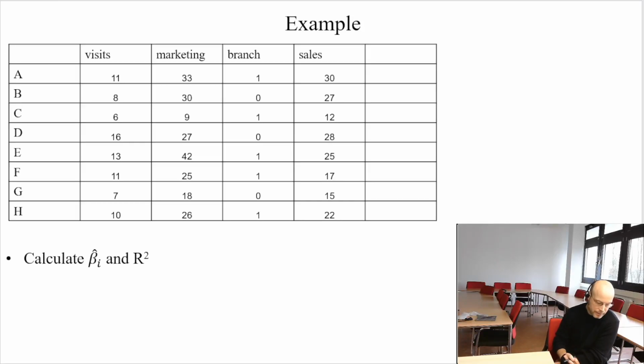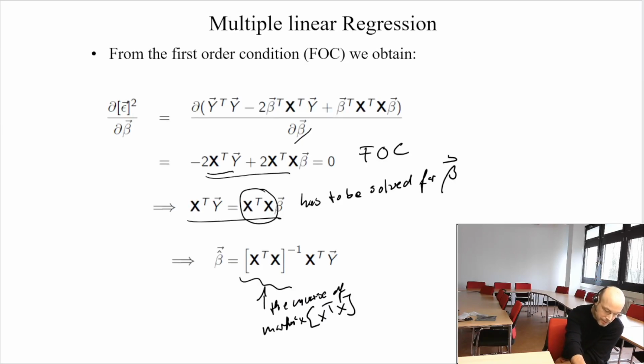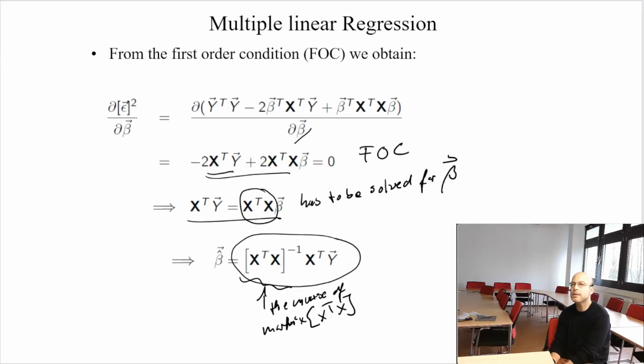Well, then let's take this example here, and this is then a homework for you, because this takes some time, that you should calculate the regression parameters beta i, and for this actually you just need these formula here.